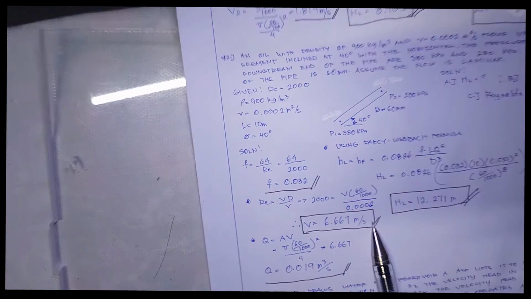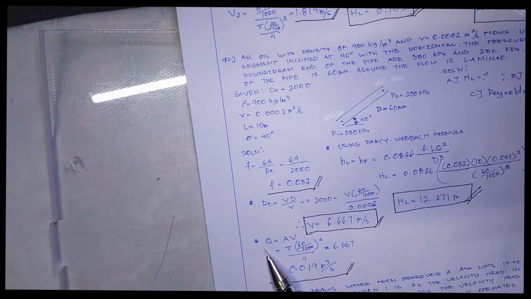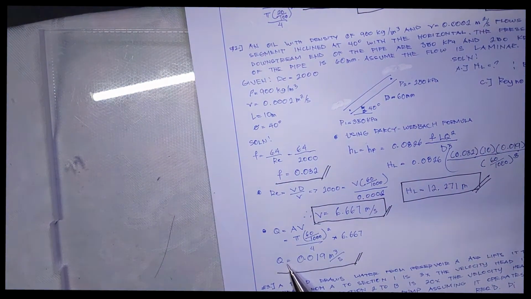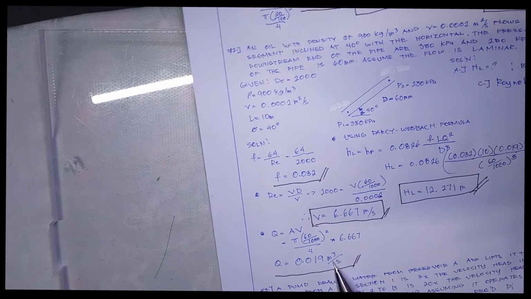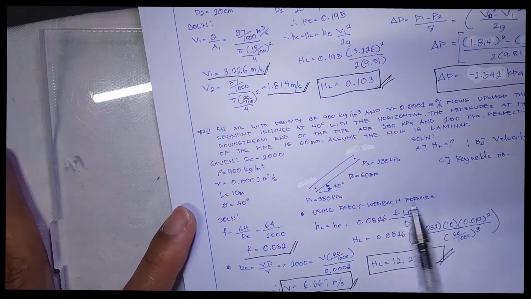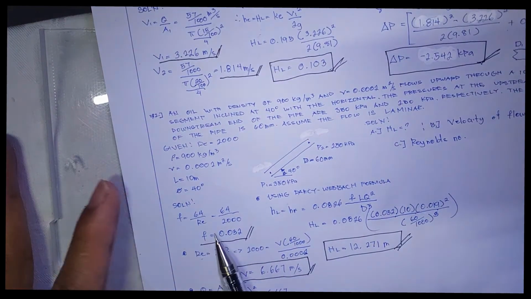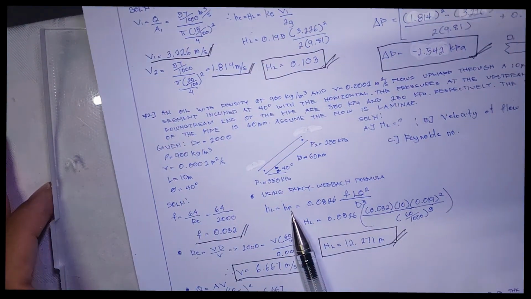And then given the value of V, we can find the value of the discharge Q. So we have the area times the velocity, and given the value of the diameter, which is 60 mm, the value of the discharge is 0.019 cubic meter per second. And then using the Darcy-Weisbach formula, we can utilize the value of F in finding the value of the head loss.